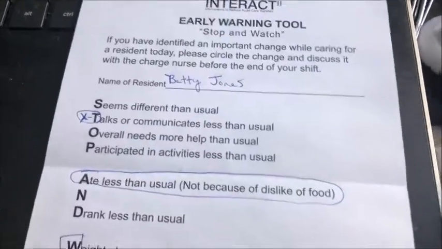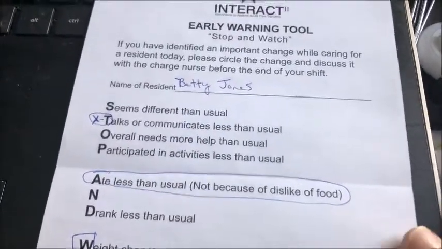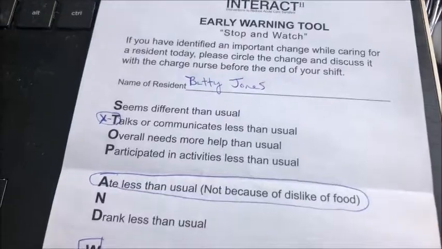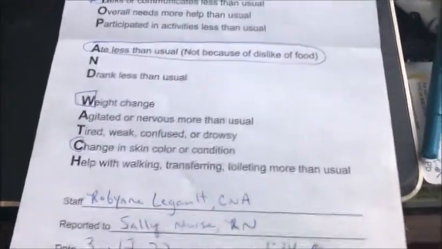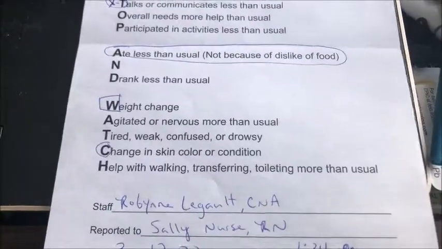So like I said, this is important just so that you can let somebody know about the change in your resident's condition. There are other things that I would let people know also that are not on a stop and watch form.